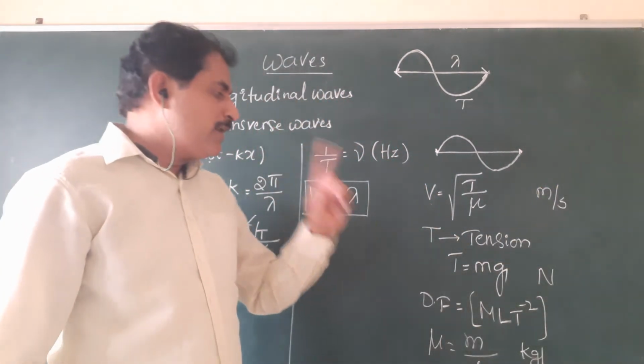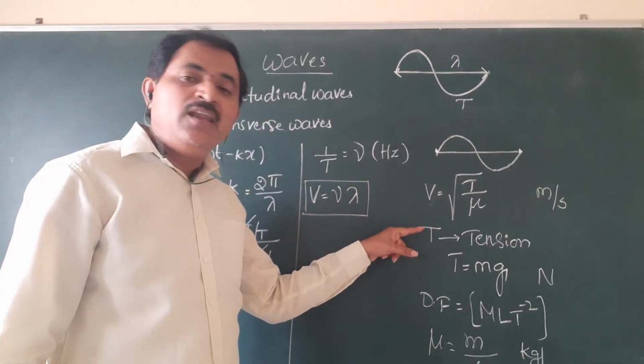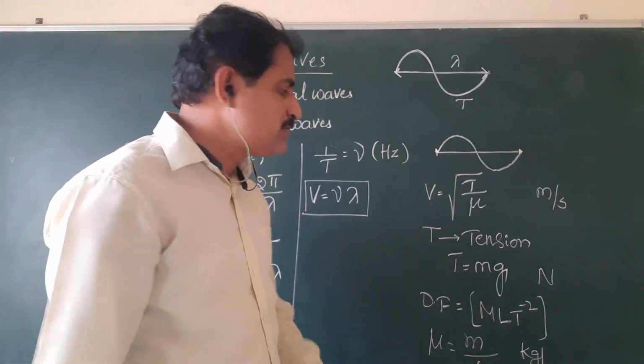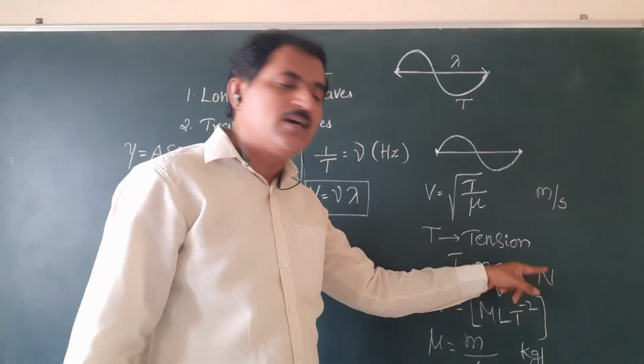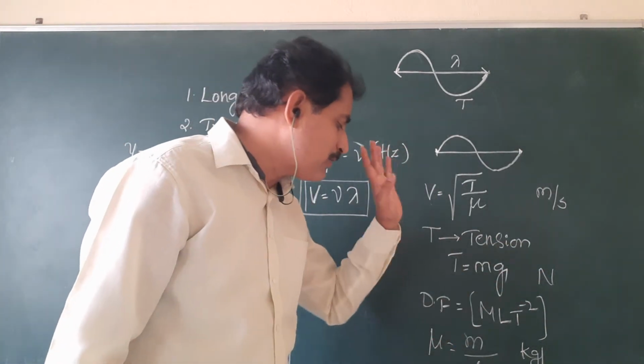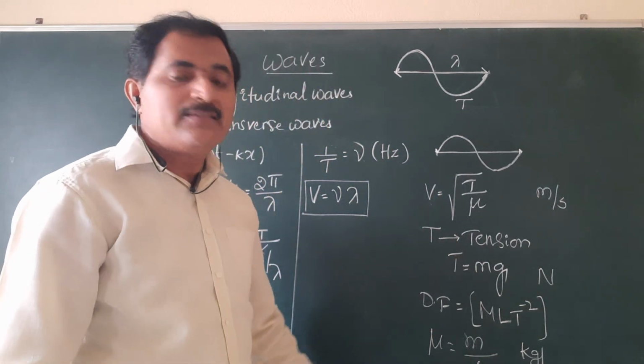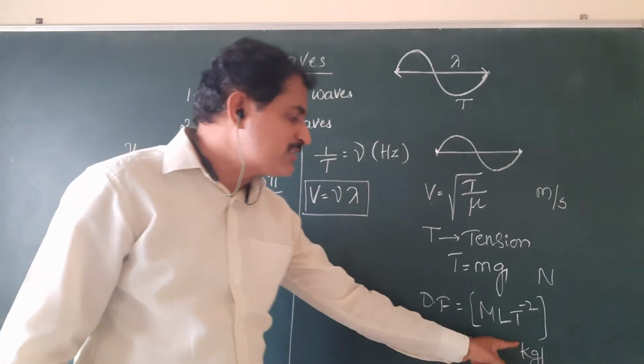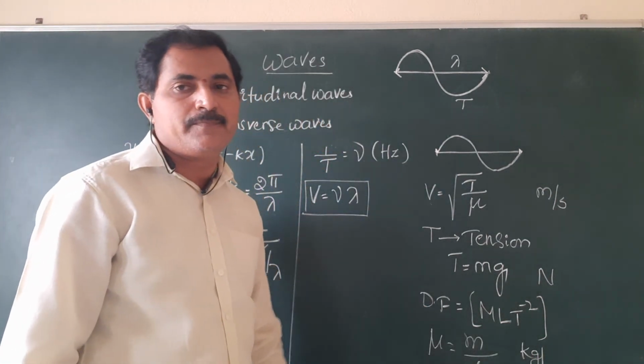So remember students, tension and force have the same units and same dimensions. That is, units are newtons and dimensions are MLT power minus 2. But the linear density means mass per unit length. The SI units are kg per meter.